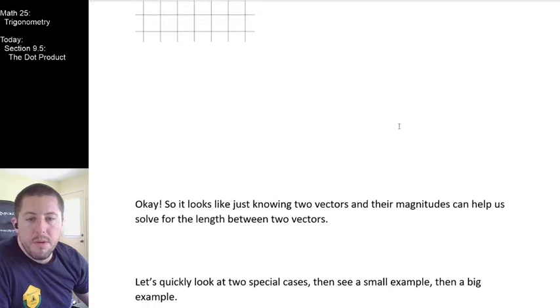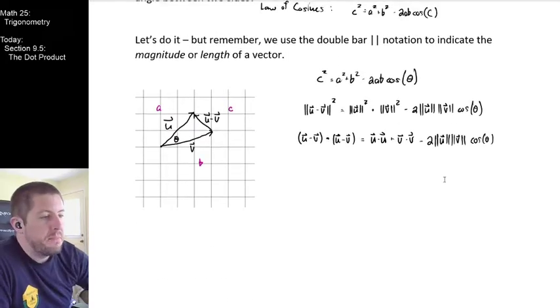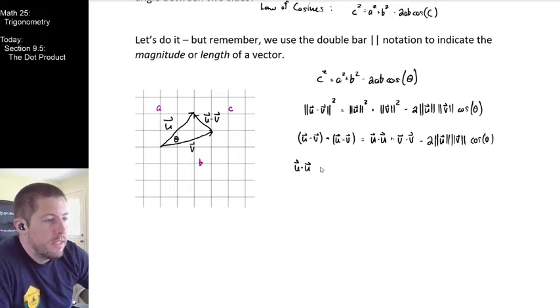So we can distribute this expression right here. It seems like if I use the distributive property to essentially FOIL this out, what I'm going to get is u dotted with u is first times first. Outer is going to be negative u dotted with v. Inner is going to be negative u dotted with v.